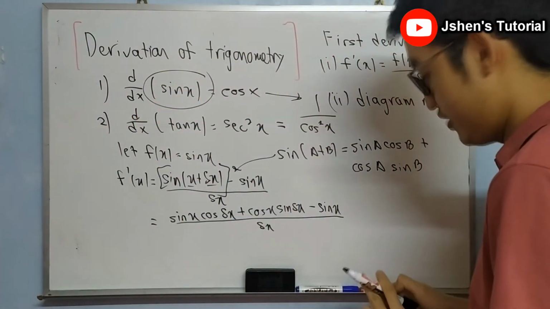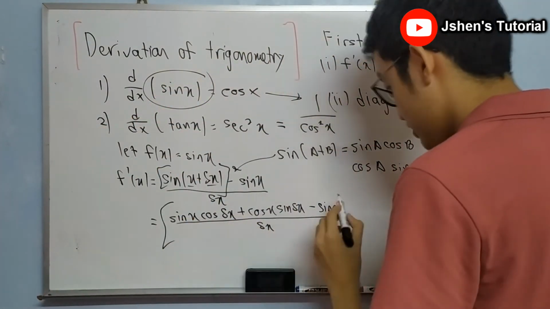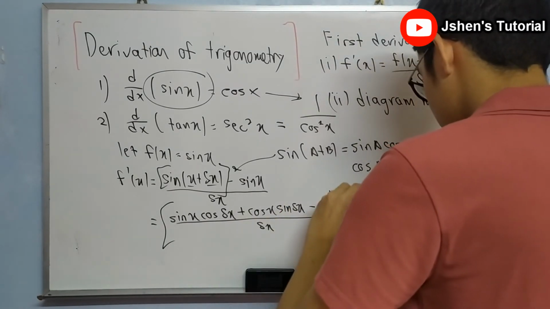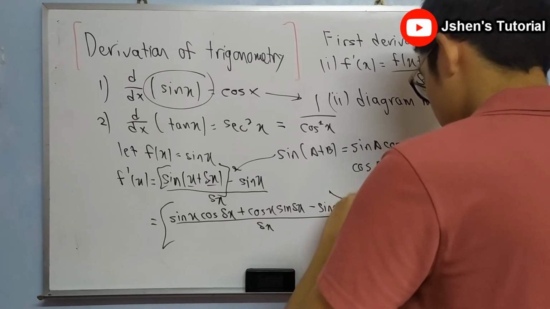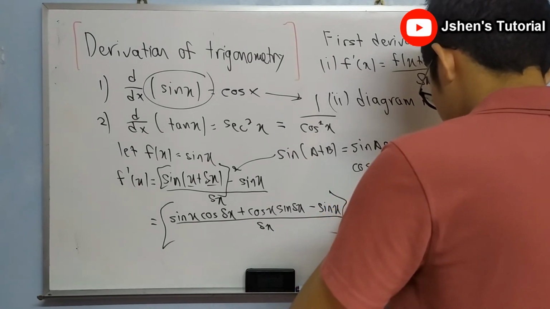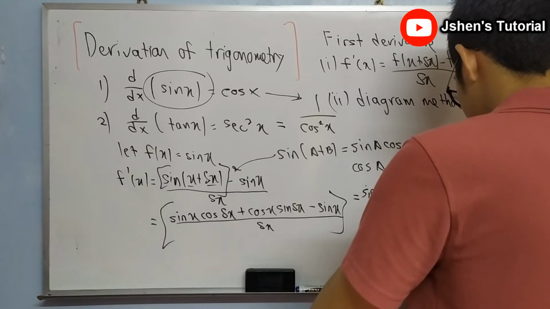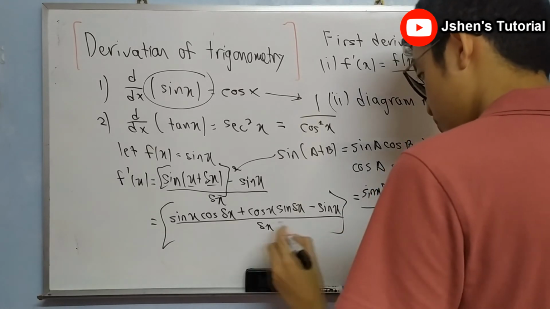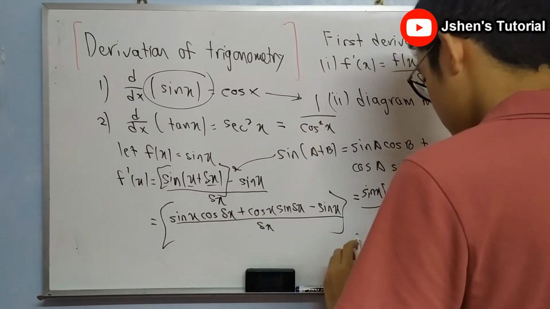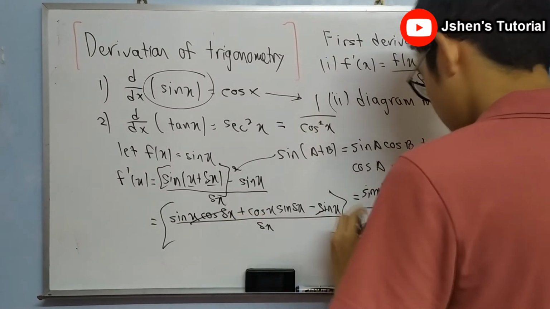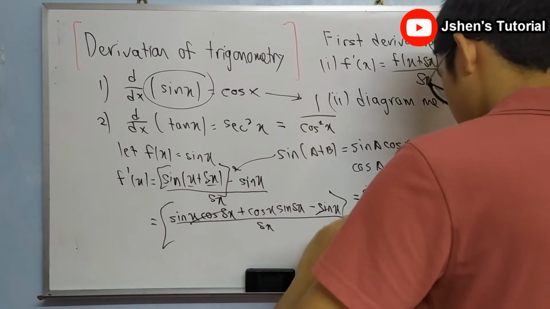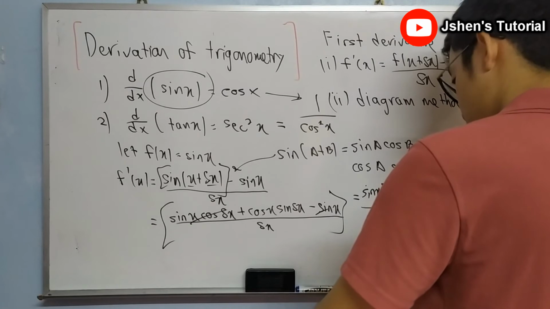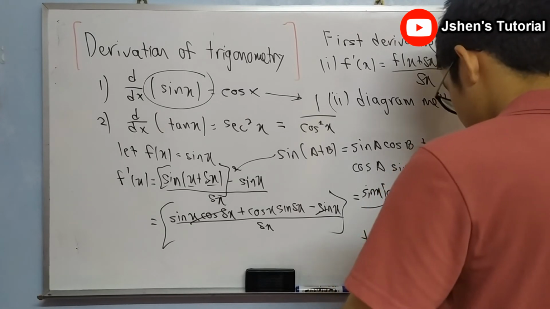Okay, now I'm going to factorize the whole function, with cos x sin delta x divided by delta x.